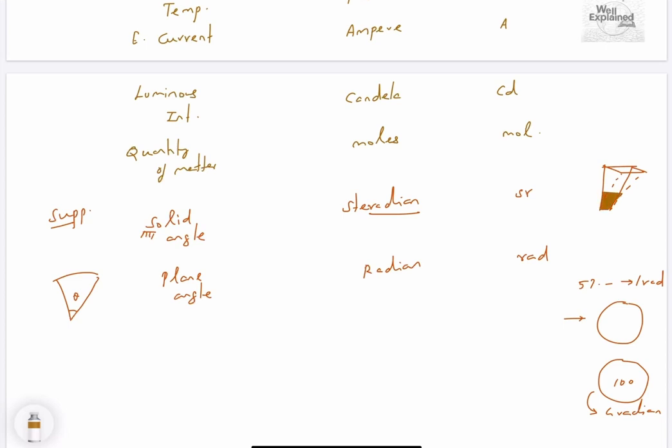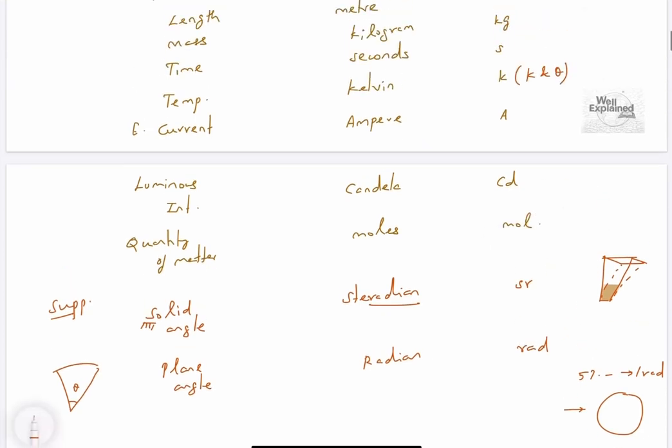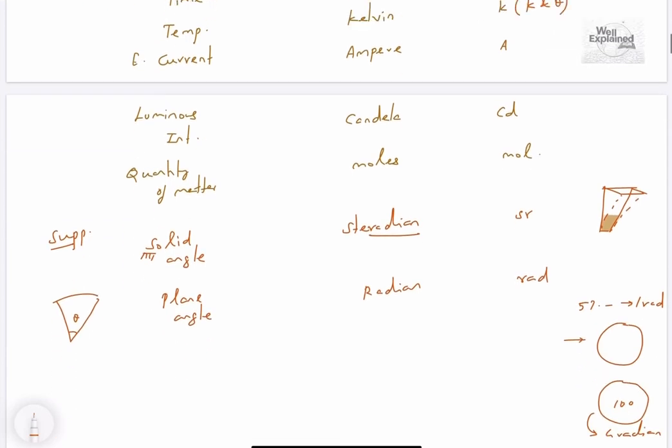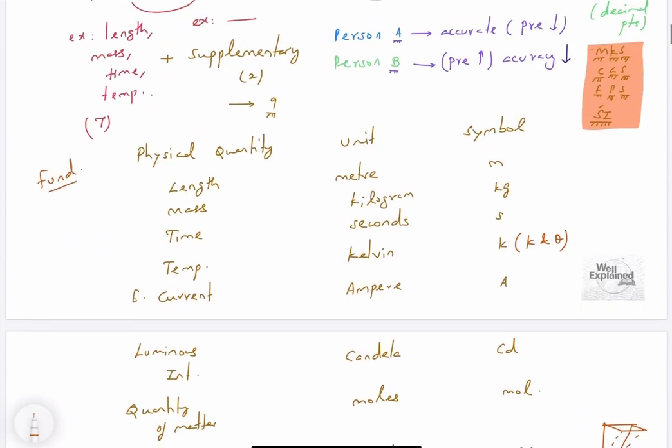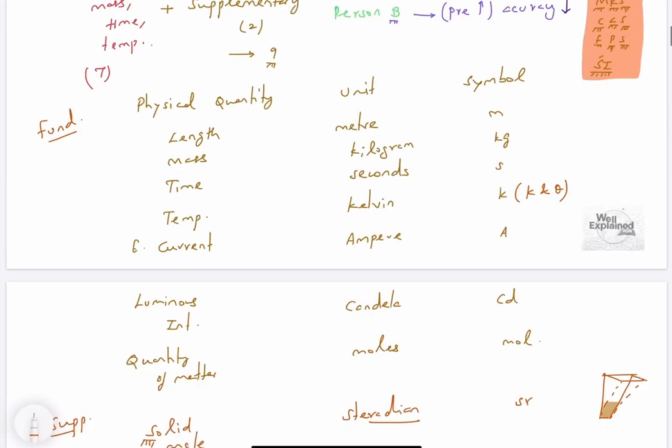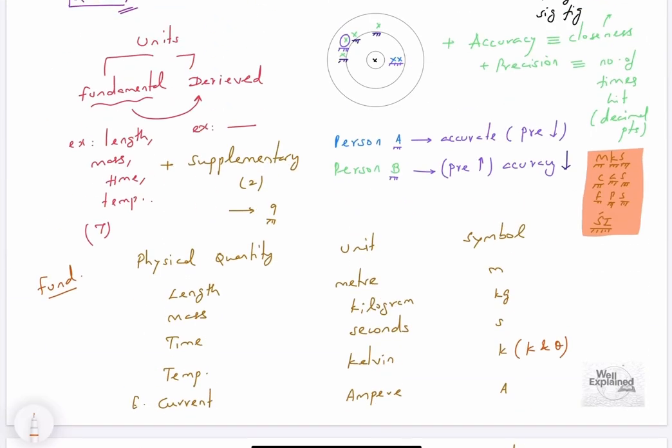Okay, maybe this part. Let me lighten it up a bit so that it's very easy to see. This is steradian, right? This is about radian and steradian. These are fundamentals. These are supplementary. Together, they constitute the basic building blocks.